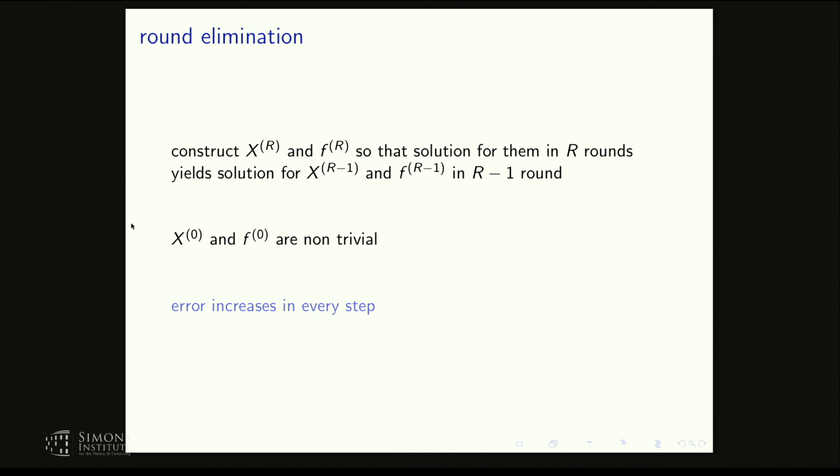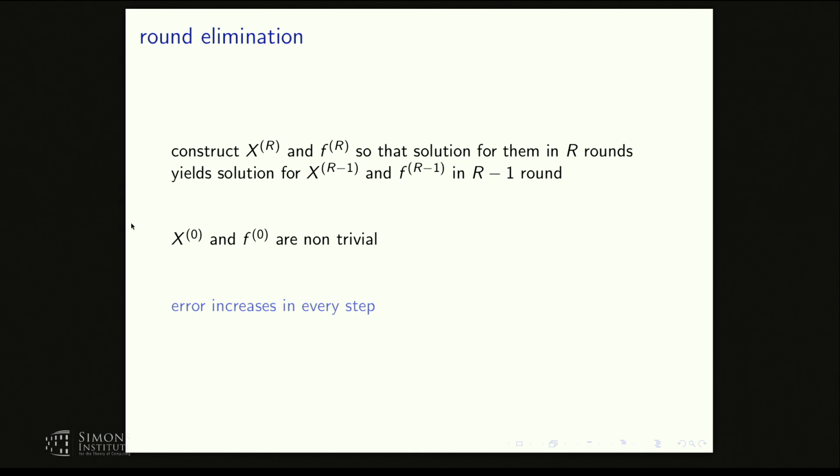And the way we do this is we construct them in some way so that if we have some solution for this problem in R rounds, then this gives us a solution for some other problem that we already constructed for R minus 1 rounds. So this is the logical structure of the proof.